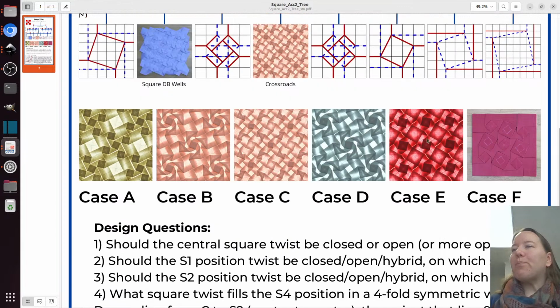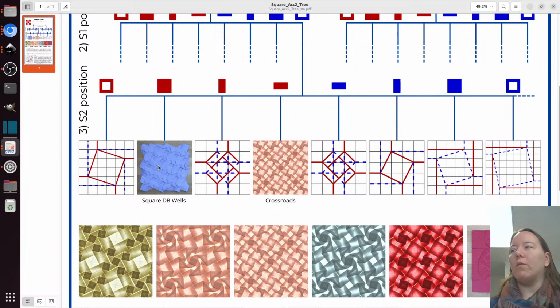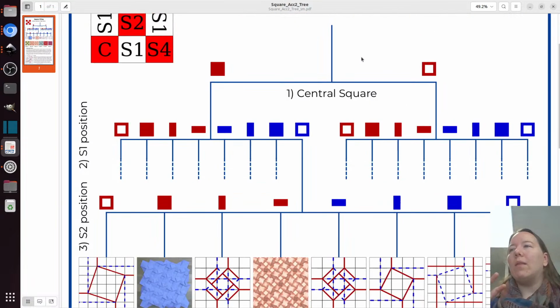Case E is reduced symmetry, where the choice of the first, second, and third twists is kind of locking us in to a lower symmetry style. And then case F is the pure alternation, which is also contained, like we saw with the square double bar Wells pattern, that's also contained in this tree structure.